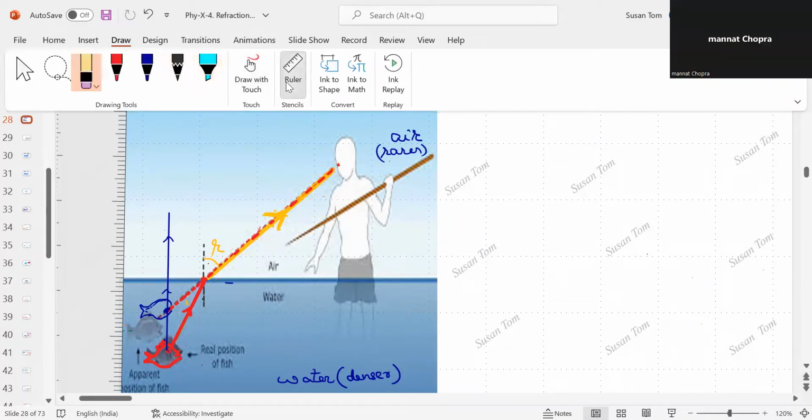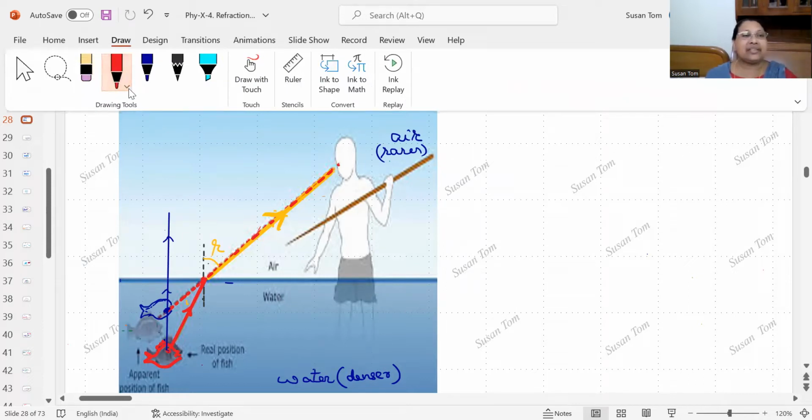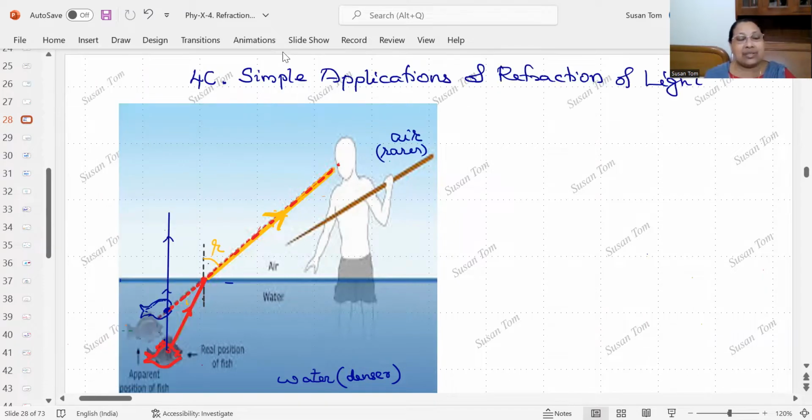Yes, ma'am. What do we have to learn from this? We have seen the actual depth of the fish is up to that red outlined fish, isn't it? So from the surface of water, the actual depth is from here till here. This is called real depth. In reality, this is the real depth.